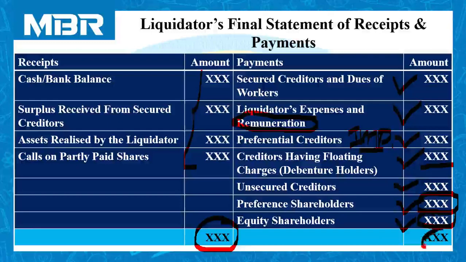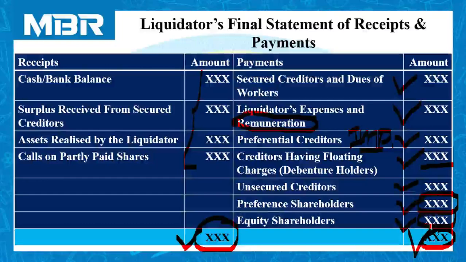And at the end of calculation, total of the receipt side and total of the payment side remains same, or say equal. So this is a simple table of liquidator's final statement of receipts and payments.